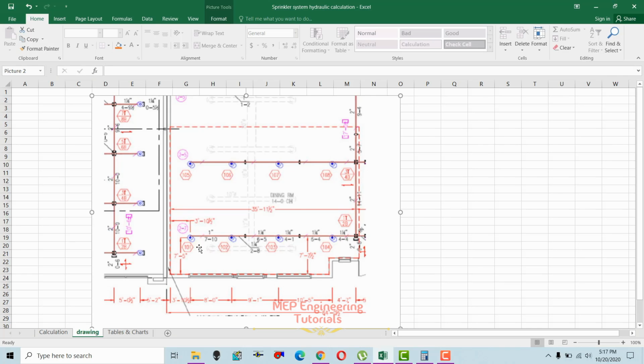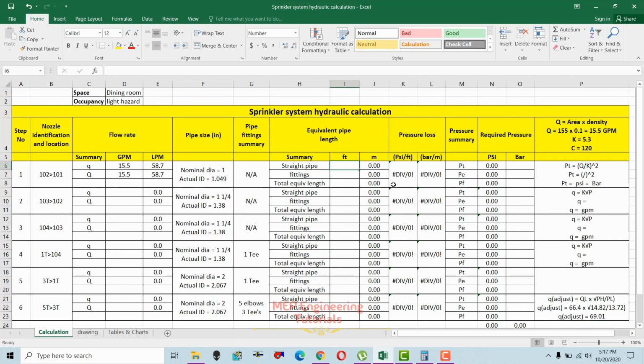So I'm going to write the distance for this section 102 to 101, that is 8.99 feet. If I convert this into meters, it will be 2.74 meters. I already applied the conversion factor in here.